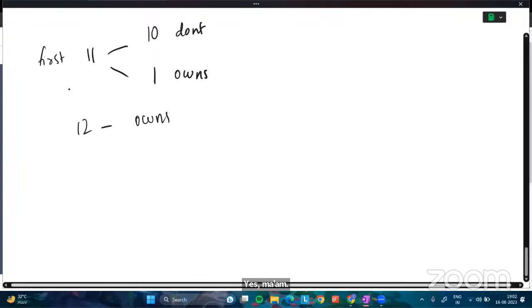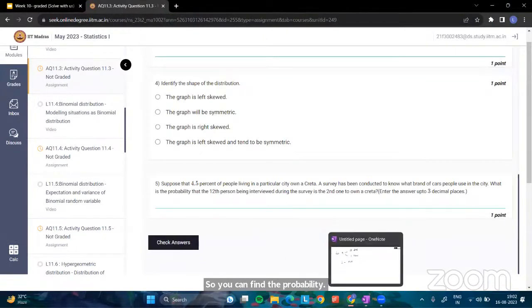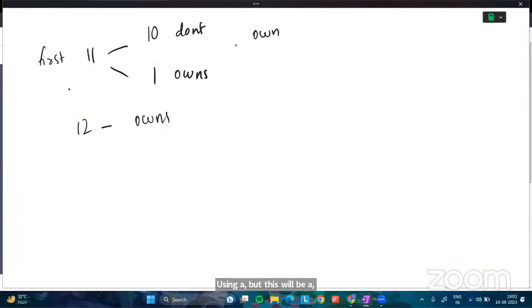So you can find the probability using this. This will be a Bernoulli distribution, where owning is a success and not owning is a failure.